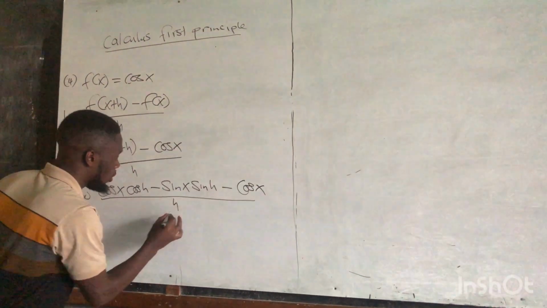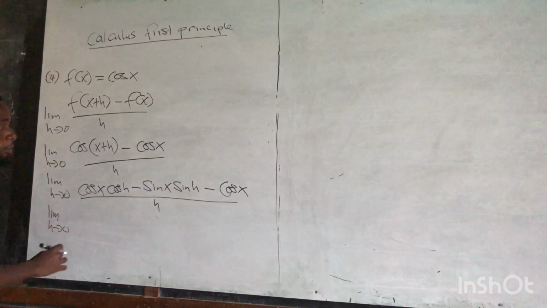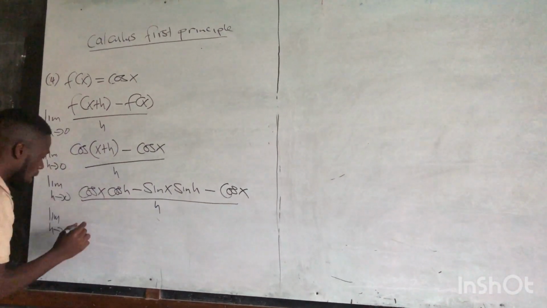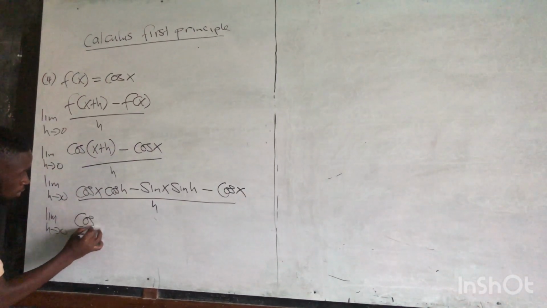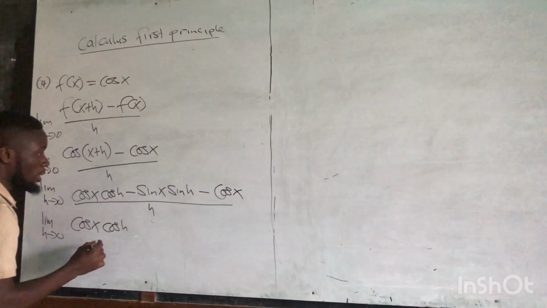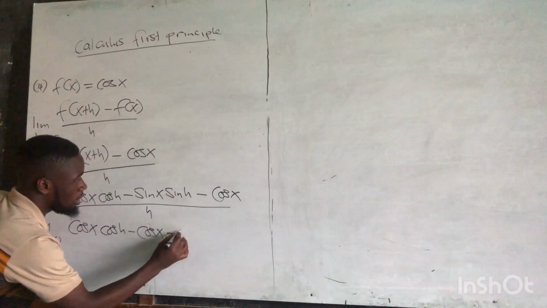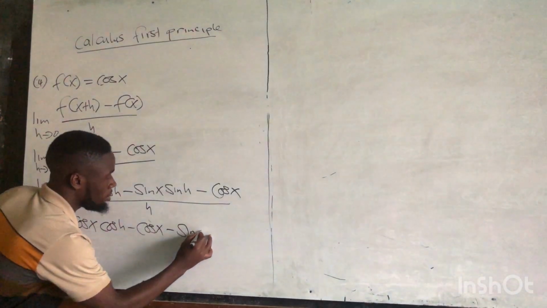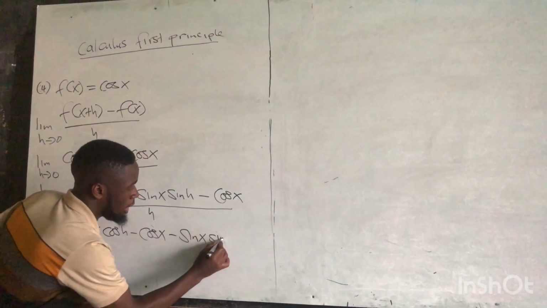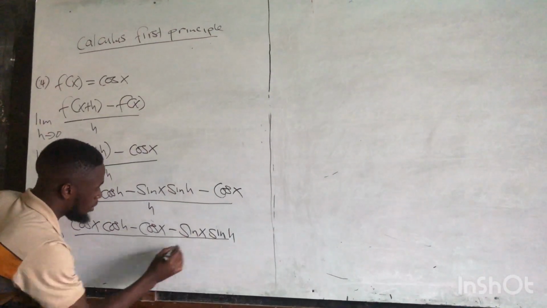Now you can bring the cos x cos h closer to the minus cos x, so we have cos x cos h minus cos x, minus sin x sin h, everything over h.